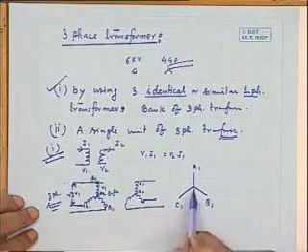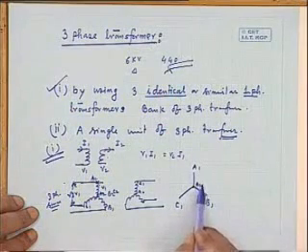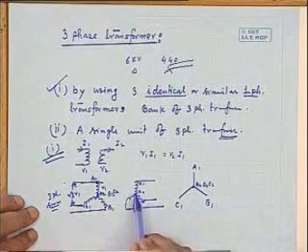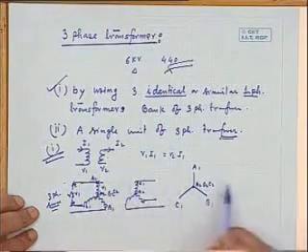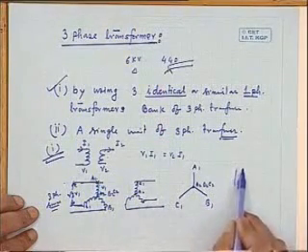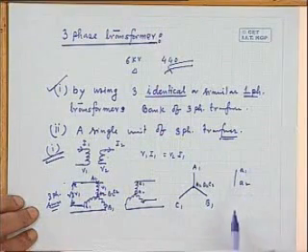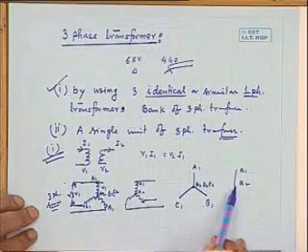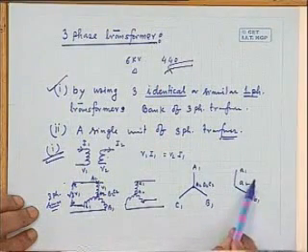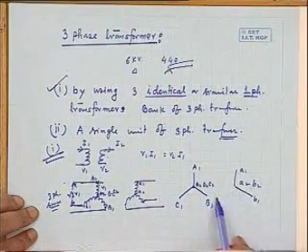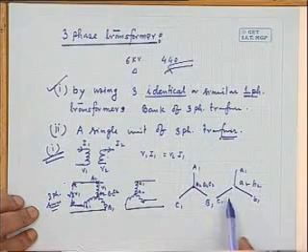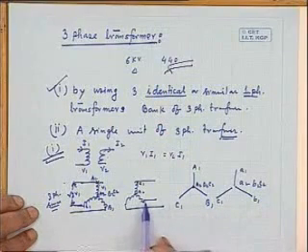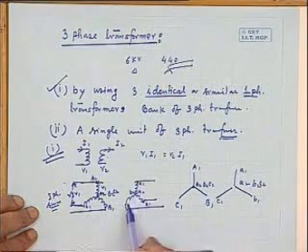Suppose the applied voltage is like this, A1, B1, C1, and this point, A2, B2, C2, will be the neutral point. Now what I am trying to tell is that the induced voltage in the secondary of transformer A will be in phase with this one. We have seen. The induced voltage of transformer B will be in phase with this B1, and the induced voltage of transformer C will be in phase with C1, C2.